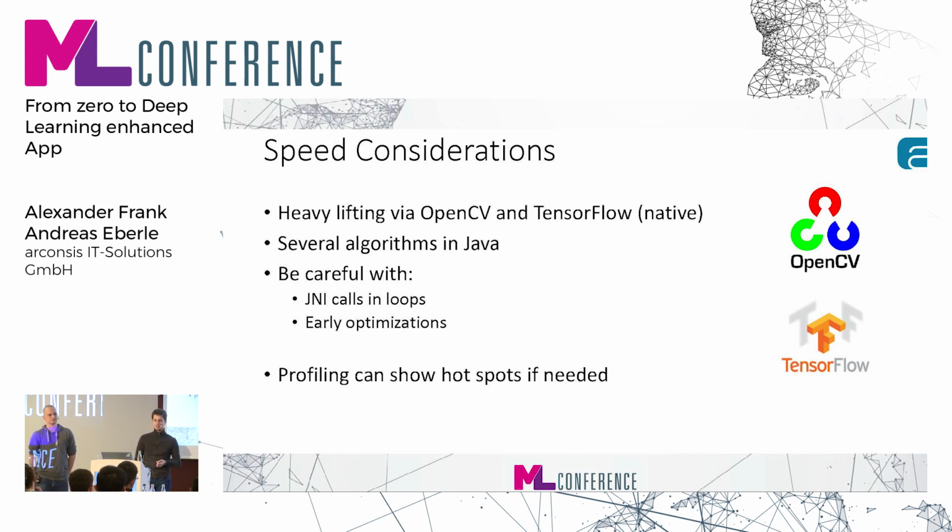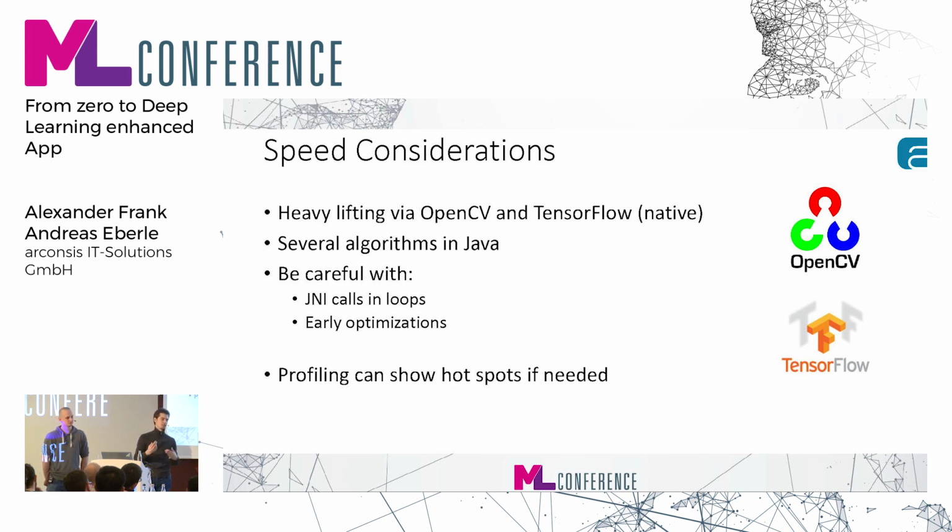What's especially dangerous is looping over an image, and in the loop you always check the width and the height of the image, and you always query it from the OpenCV image, and it always makes a JNI call down to native to get this value, and then you will have a slow algorithm. So stuff like that you need to query once before the loop and then use it.